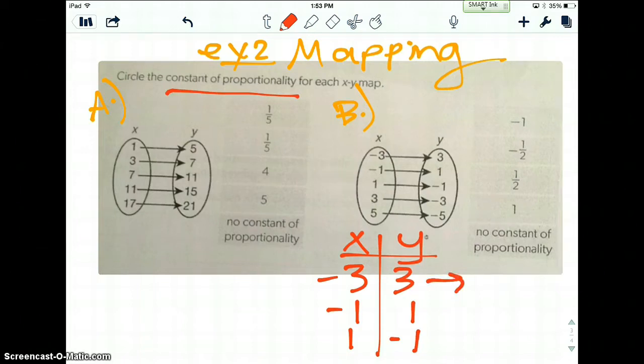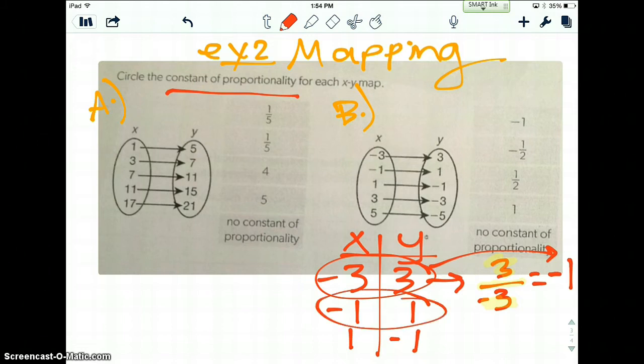So let's check here. Y to x. I have 3 to -3. Well, what is 3 divided by -3? Well, they're different signs, so it's going to be negative. And 3 divided by 3 is 1. So I end up getting this ratio to be -1.